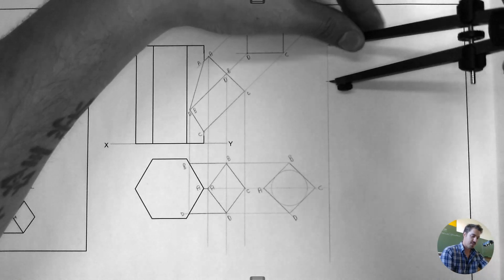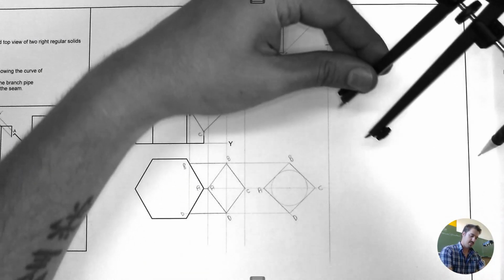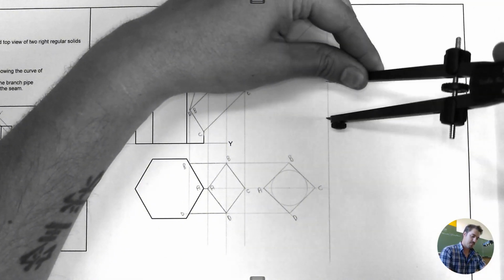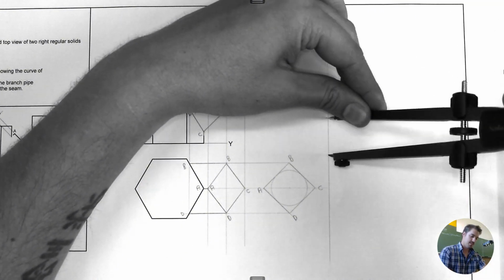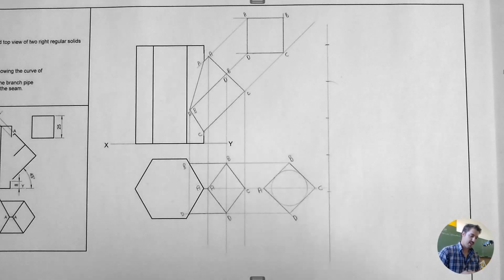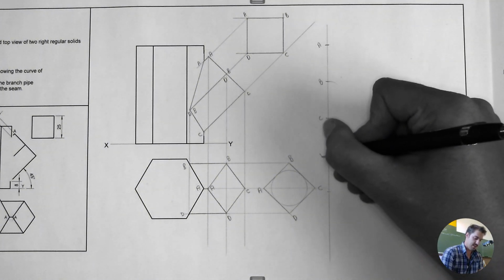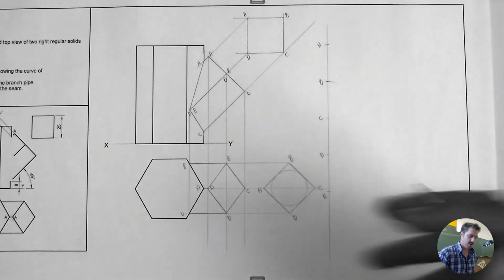So that's A, B, C, D, back to A. Okay, then we label A, B, C, D, back to A.